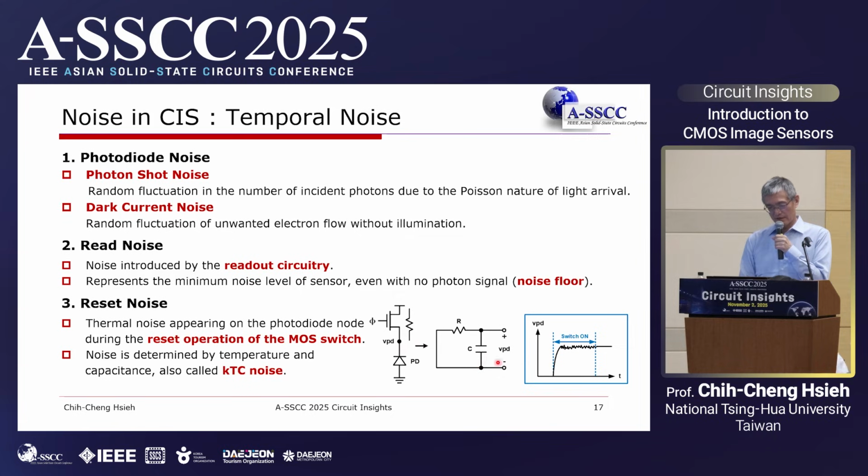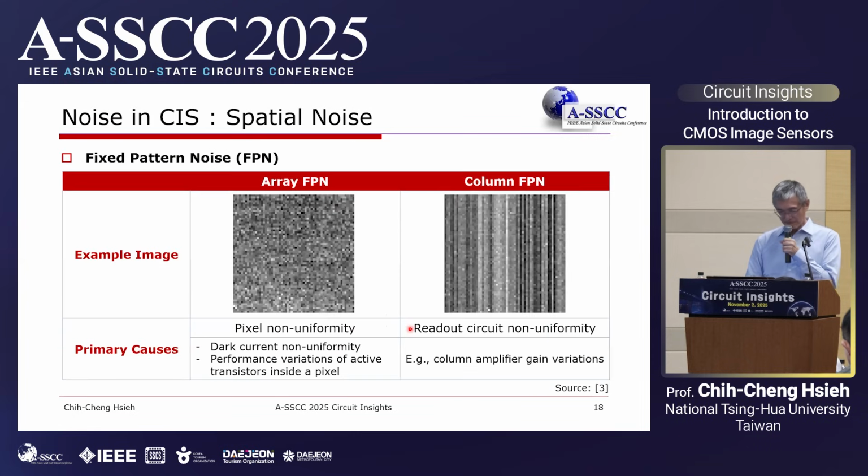So this happens at the very beginning of the signal path. So this kTC noise is very important. You need to deal with this seriously. And usually in CMOS image sensors, we use some specific circuit technology to cancel it out, like correlated double sampling. And I will also introduce this later.